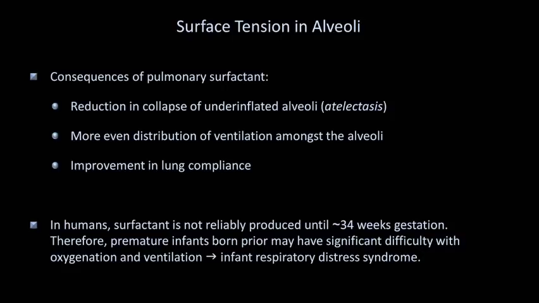Treatment of infant respiratory distress syndrome consists of a combination of positive pressure ventilation and exogenous surfactant delivered to the alveoli via instillation into the airways while intubated. If a mother is suspected to be at high risk of preterm delivery, she can be given antenatal corticosteroids, which speeds up the infant's synthesis and release of surfactant.